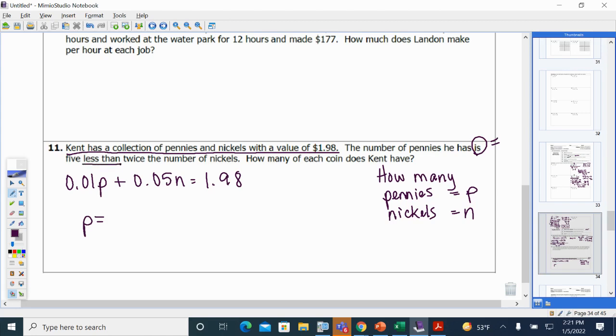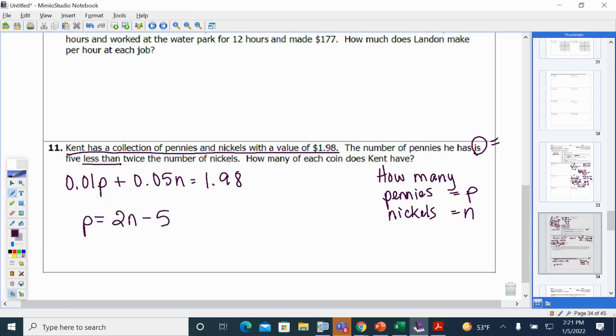The word than is important. Twice the number of nickels. A lot of kids want to say 5 minus, but it's not 5 minus. It's going to be minus 5 because it says less than. 5 less than. 5 is being taken away from something. So 2 times the number of nickels is 2n minus 5.